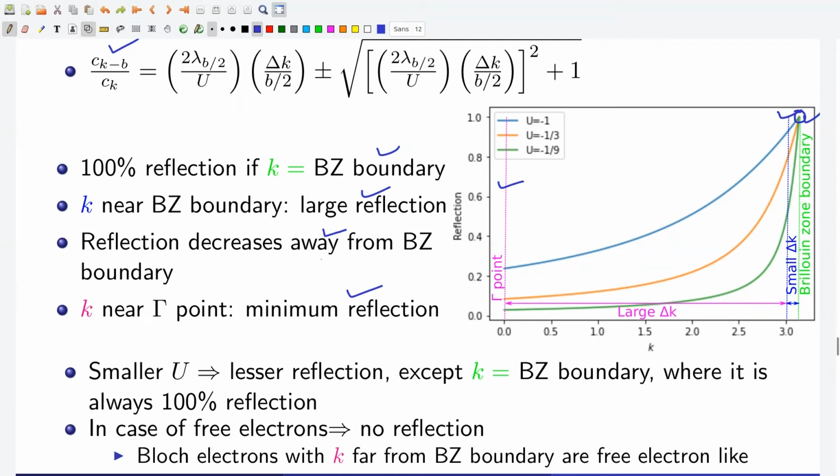We find that for a given K, smaller the value of U, lesser is the reflection. However, there is a notable exception. If K is exactly equal to the Brillouin zone boundary, we always get 100% reflection irrespective of the value of U. We know that in case of free electrons, there exists no reflection. Thus, we conclude that Bloch electrons with K far from the Brillouin zone boundary are free electron like.